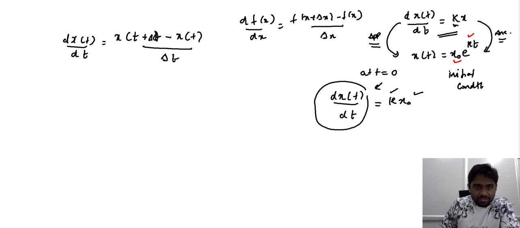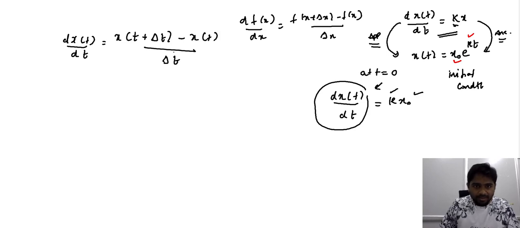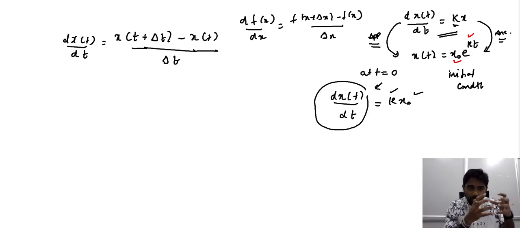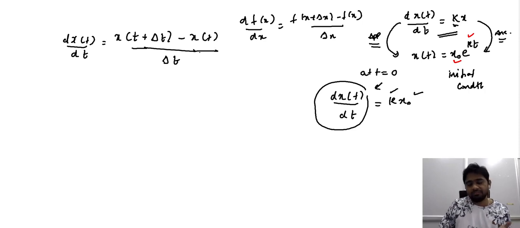Let me rewrite it in a more legible way. So this is x of t plus delta t minus x of t divided by delta t. What essentially we have considered is this expression. We have considered the number of nuclei at a time t, and that would be this, the number of nuclei after the time delta t, and that would be this expression, and we divided by the time span width that we have considered, that is delta t here.